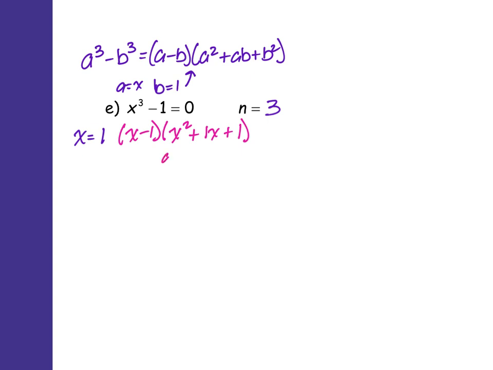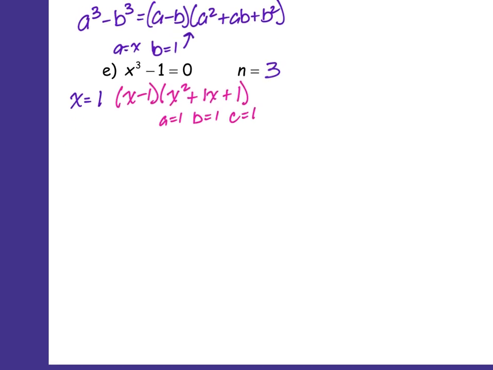So A would be 1, B would be 1, and in this case, C would be 1, right? So they're all 1s. So I get minus 1 plus or minus the square root of 1 squared minus 4 times 1, all over 2 times 1. It's a lot of 1s.